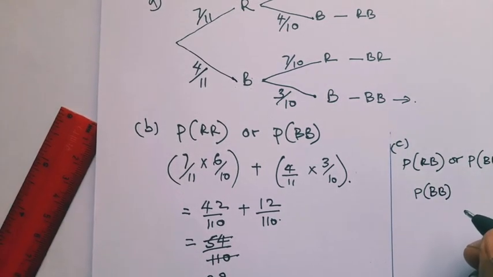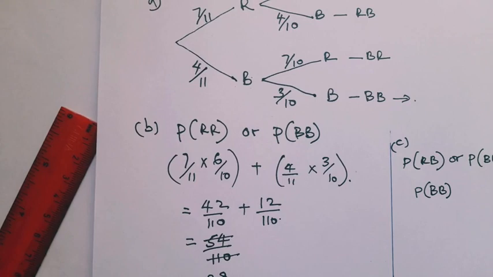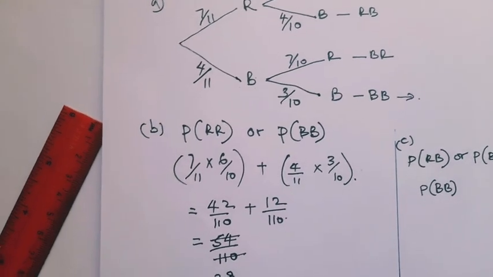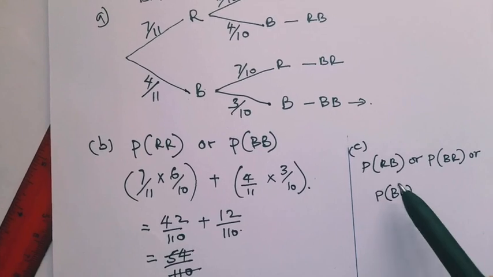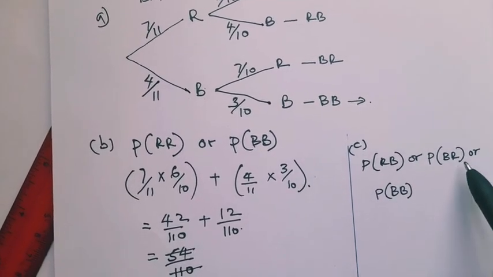The question is, find the probability that the two counters picked were not red. So that means they were not red. Either they were red-blue, or they were blue-red, or they were blue-blue, in that order.